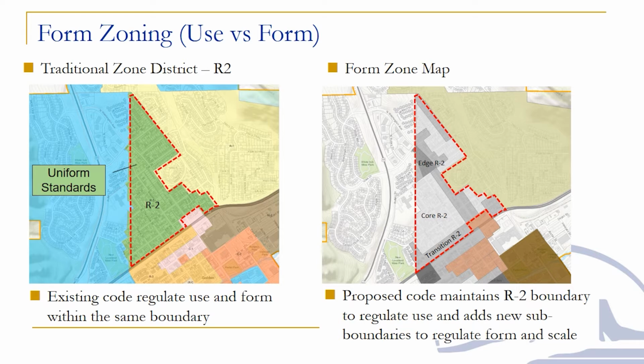Uniform standards because all properties across the neighborhood have the same set of rules regardless of where your property is located and regardless of what types of development exist on the block surrounding your property. And that's, again, why we've labeled this image uniform standards, because those uniform standards, if you became aware over the past couple of years, have caused some issues across the community.